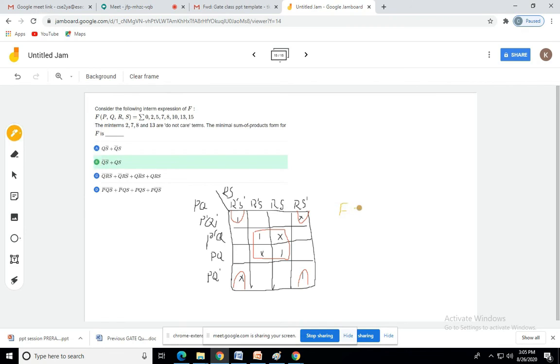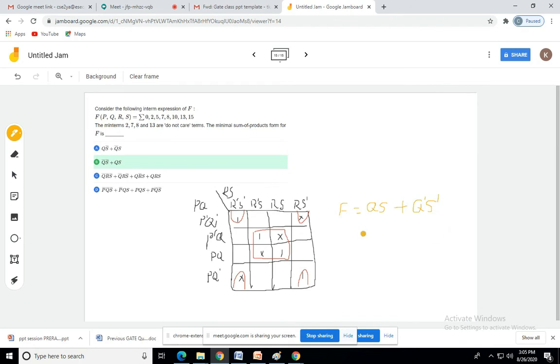The function for this square: what is the term here? That is QS. QS plus, for the center quad you have QS, and for the corner quad it is Q dash S dash.